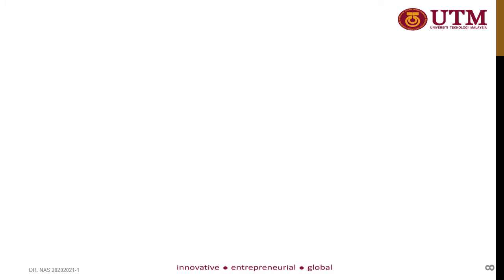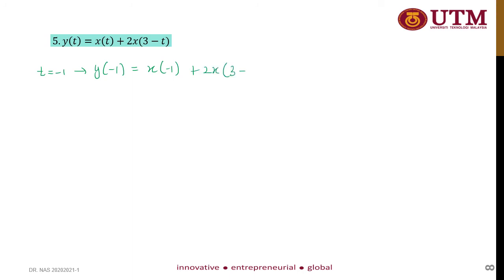Okay, let's look at one more example given by this equation. So try three different t values. When t equal to -1, y(-1) equal to x(-1) plus 2x(3 minus -1).